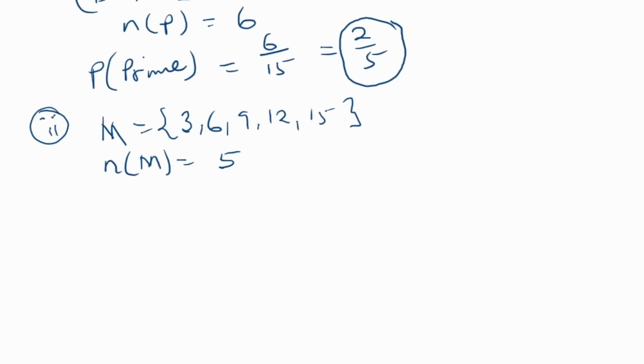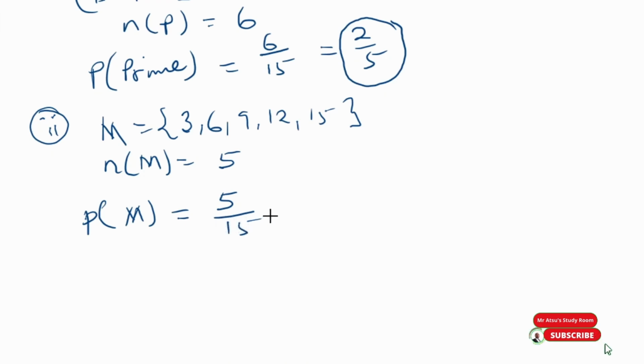The probability of selecting a multiple of 3 is the total number of values that are multiples of 3 over the total, which is 15, and that gives us 1/3.